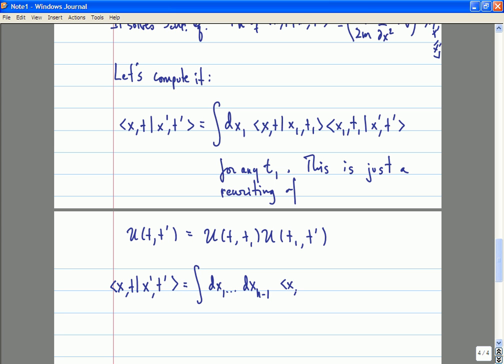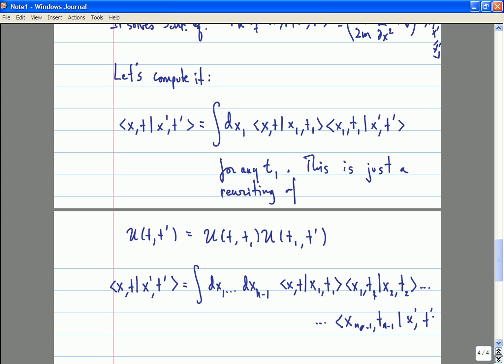And then, because of the composition property of the unitary time evolution operator, I can just rewrite this as a product of these propagators going between all of these intermediate points. So what did I call it? xn minus 1, tn minus 1, with x prime, t prime.